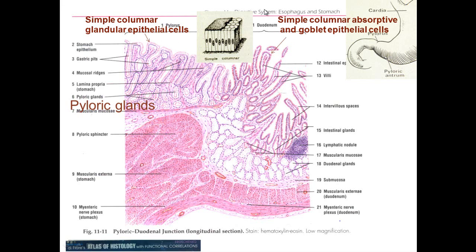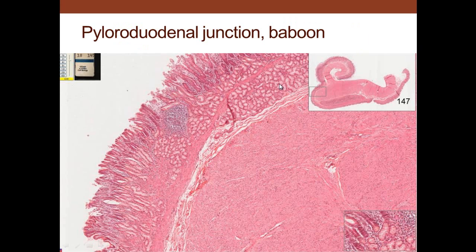But in either case, the stomach or the intestine, we still have simple columnar epithelium, just that the cells are different in different locations. So when you go from the pyloric or the stomach to the duodenum, the junction in through here, you go from gastric pits to intestinal villi and intestinal glands in through there, which will correspond to the gastric pit. But also we pick up these glands.